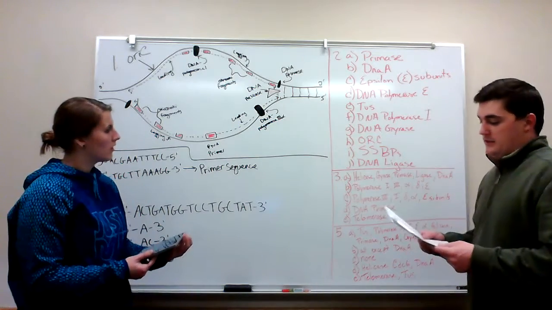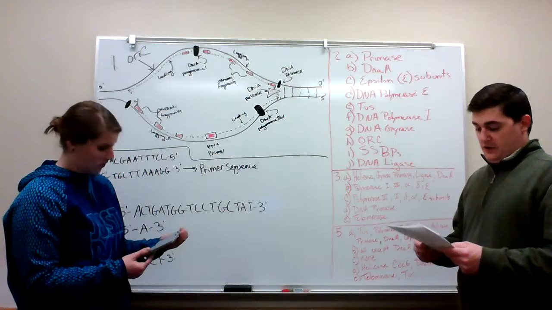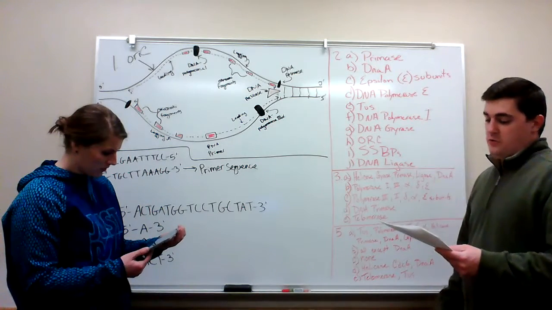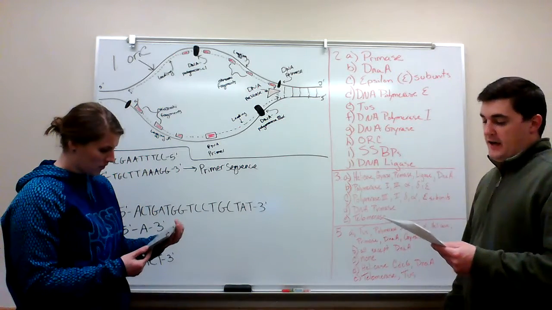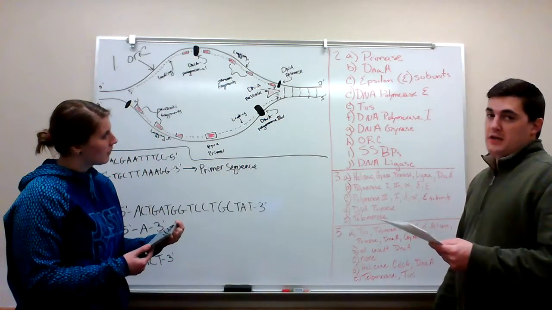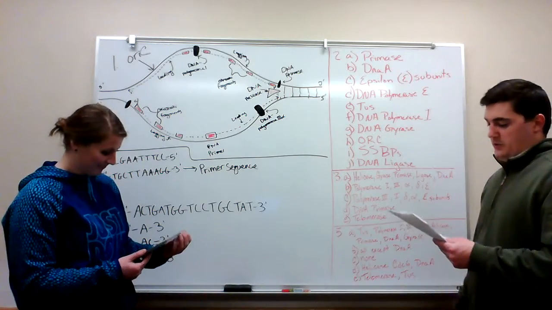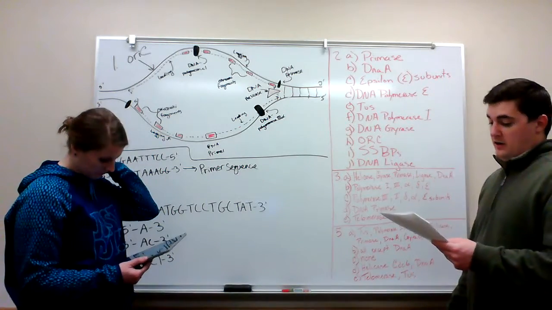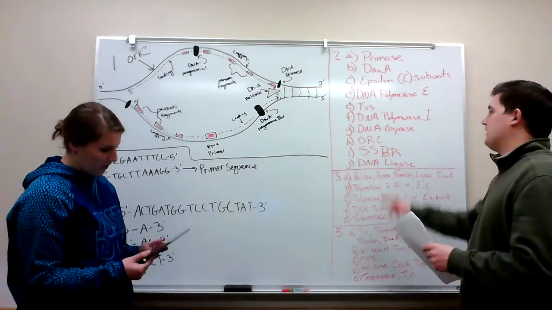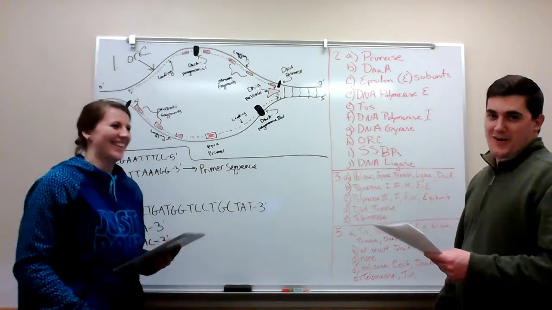So for that one, we got DNA polymerase 1. For G, this protein introduces negative supercoils into the DNA ahead of the replication fork, and this would be DNA gyrase. For H, this protein binds directly to the ARS elements, which would be the ORC, not the Outdoor Recreation Center.